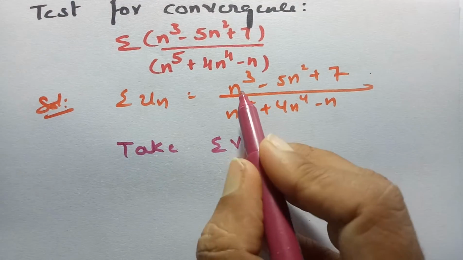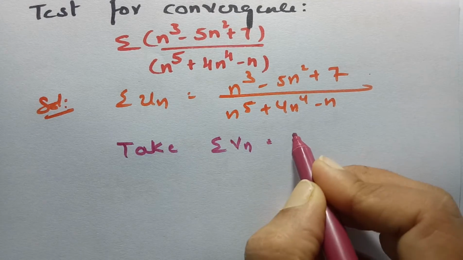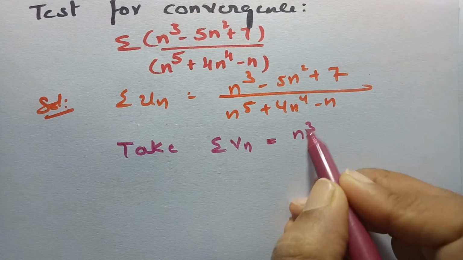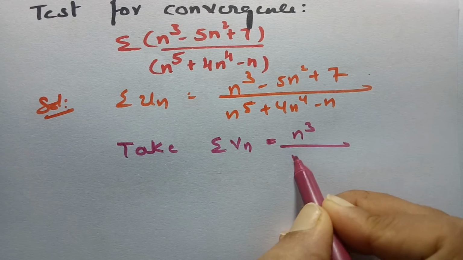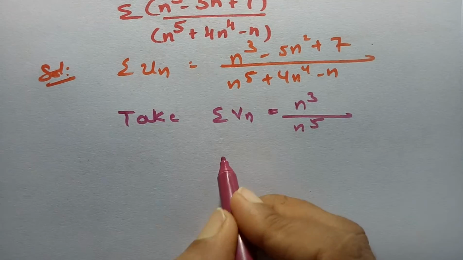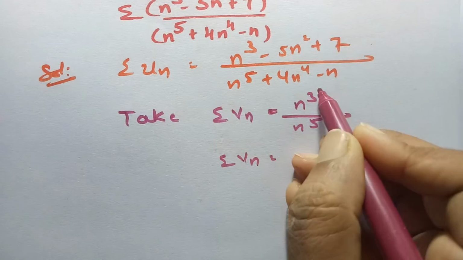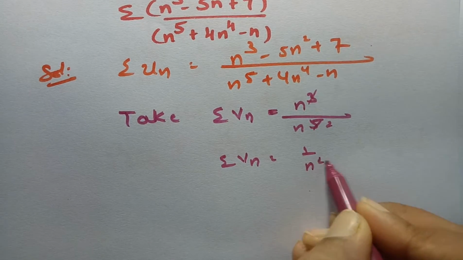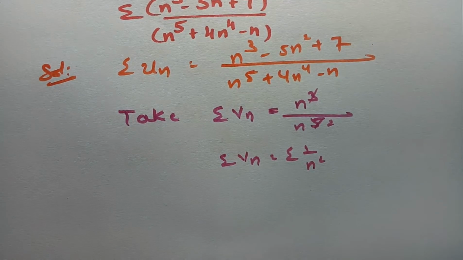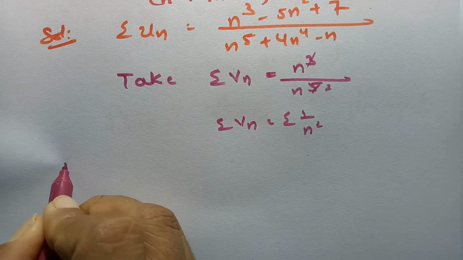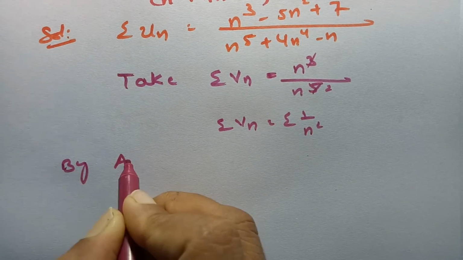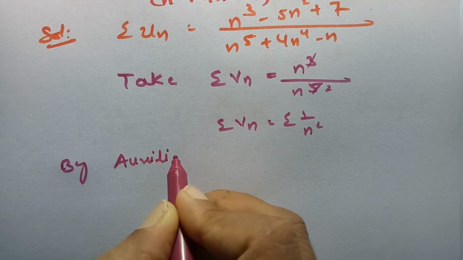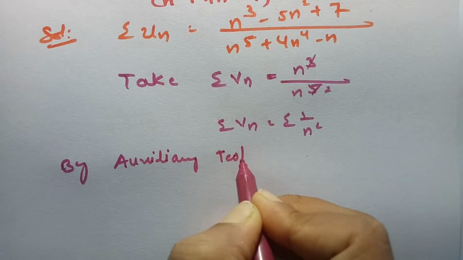How will we select? In the numerator, the maximum n value is n cube, and in the denominator it is n power 5. So after cancelling, 2 powers will remain, it will be n square, that is sigma 1 by n square, by auxiliary test. So this is an auxiliary test or p test series.